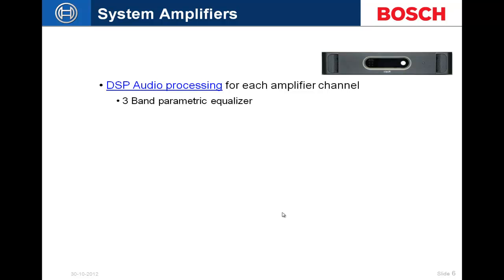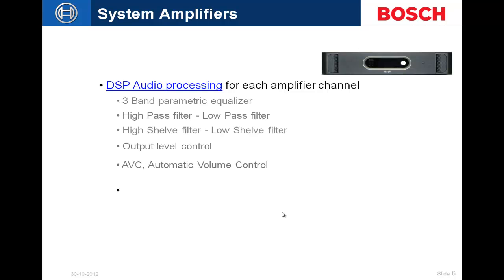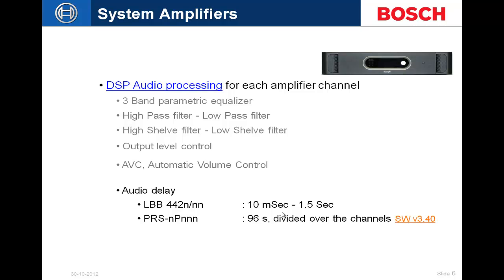DSP audio processing, same audio processing as any other piece of gear in our system. We've got our 3 parametric filters, our high-pass, low-pass, shelving filters, and output level control, as well as AVC level control available on our fiber amplifiers. Audio delay up to 1.5 seconds.